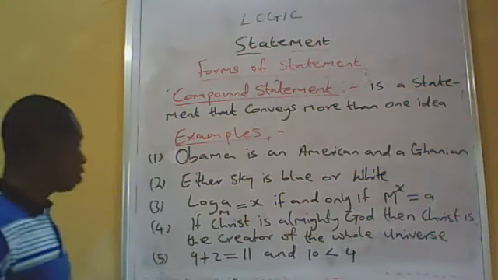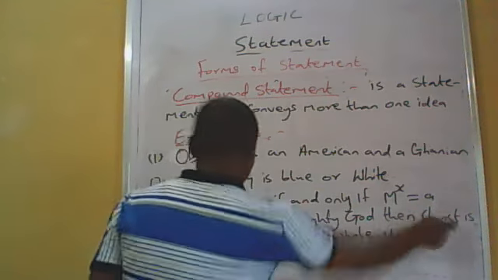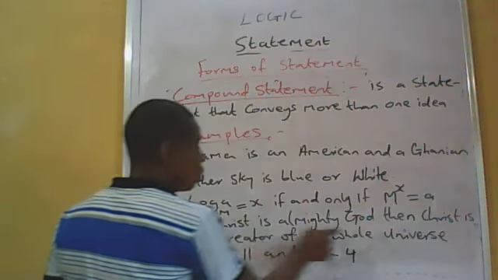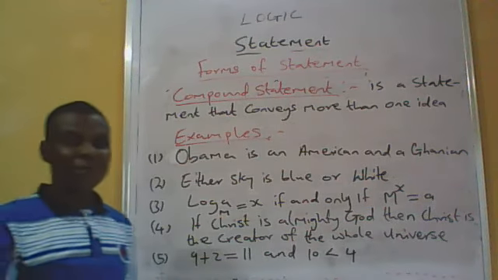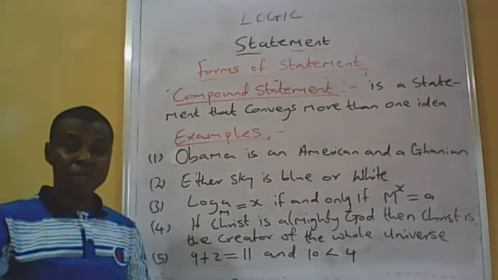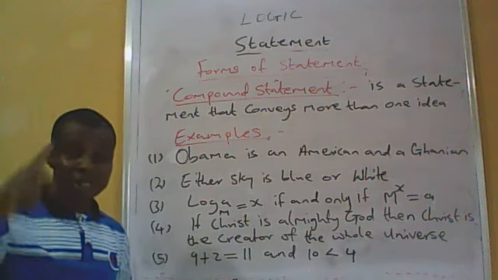Another one is, if Christ is Almighty God, then Christ is the creator of the whole universe. It's a statement we can judge as true or false by each of its component statements.